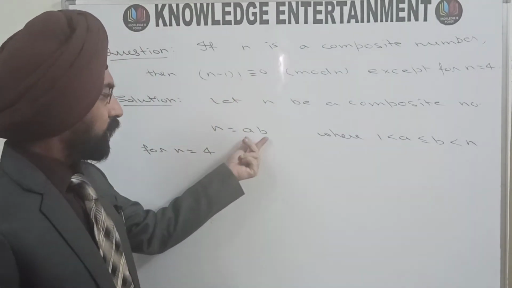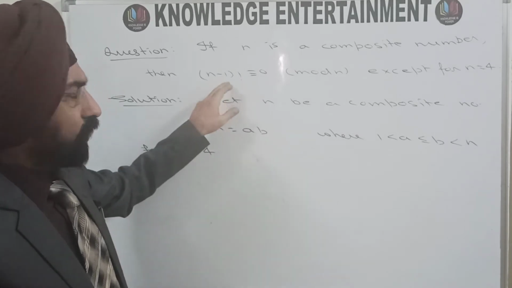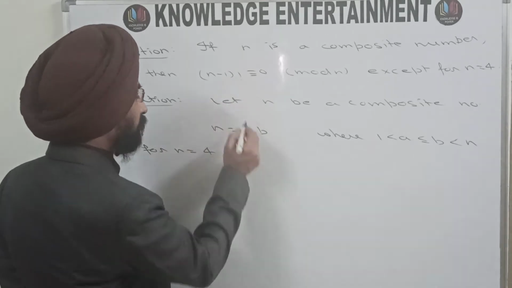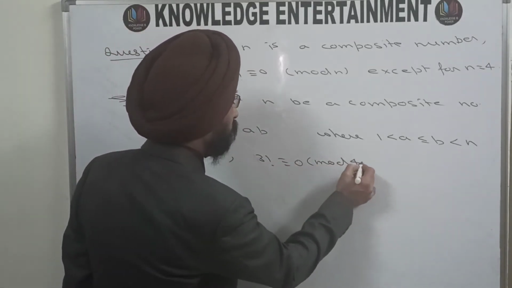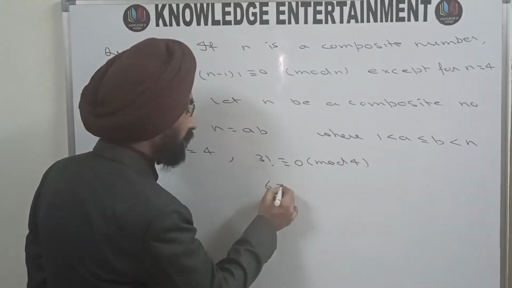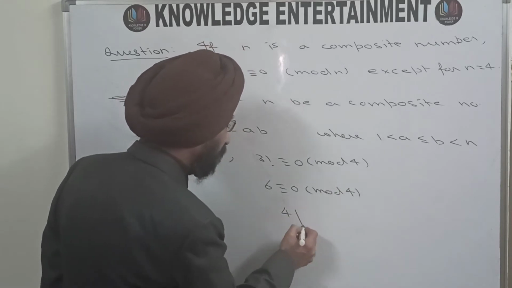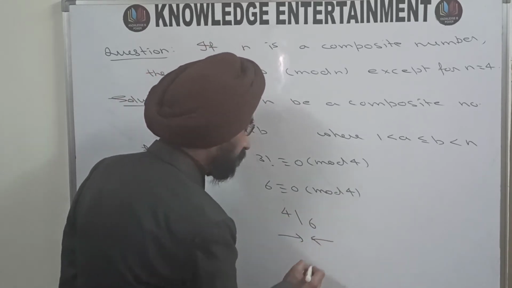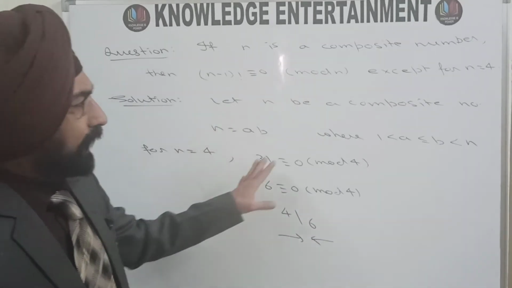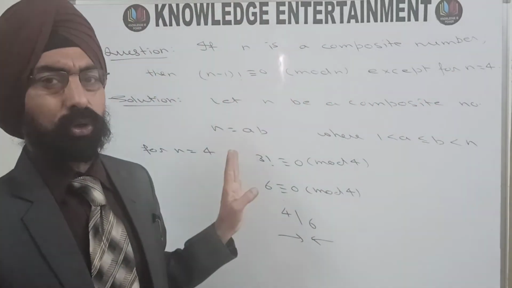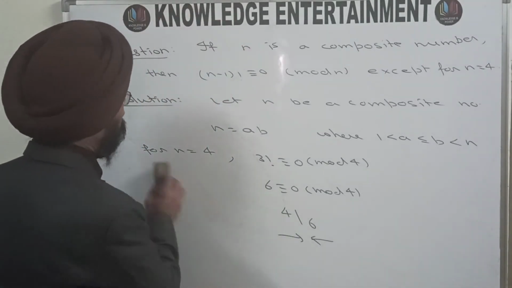This result will become 3 factorial is congruent to 0 modulo 4, and 3 factorial is 6. 6 congruent to 0 modulo 4 means 4 divides 6, which is a contradiction, because 4 does not divide 6. So we have proved that for n is equal to 4 this result will not hold. Otherwise it will always hold.